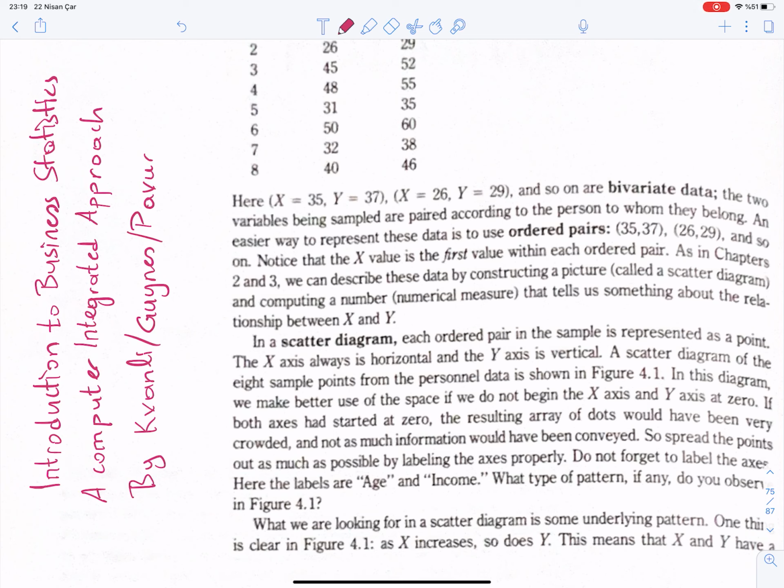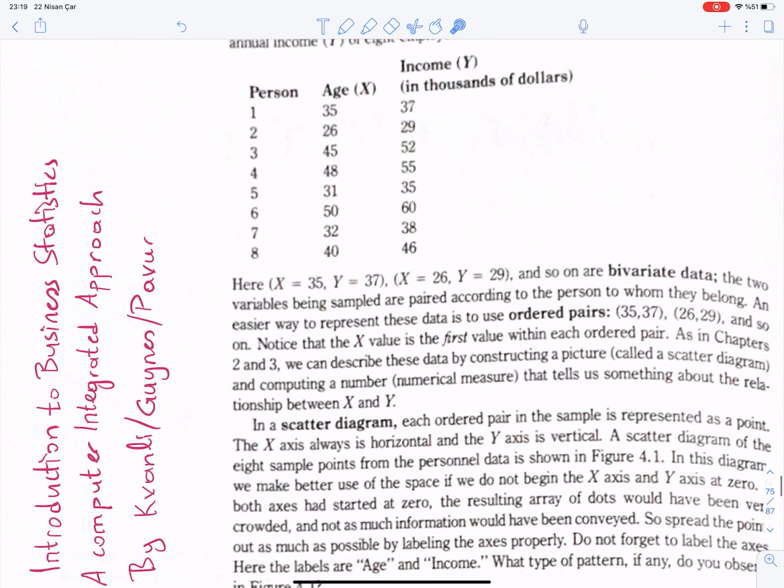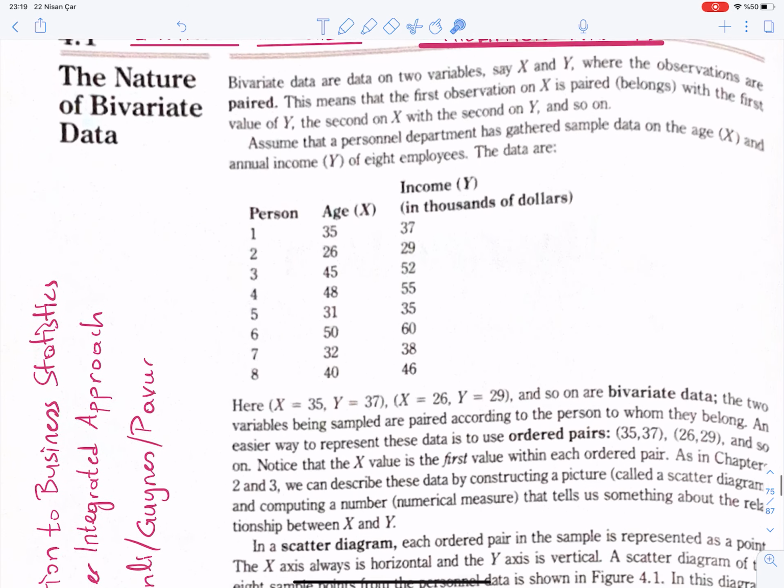The name of the book is Introduction to Business Statistics, a Computer Integrated Approach, by those three authors. It is probably difficult to buy this book. They might have a better edition already, but I still like it. It is worth teaching this book anyway.